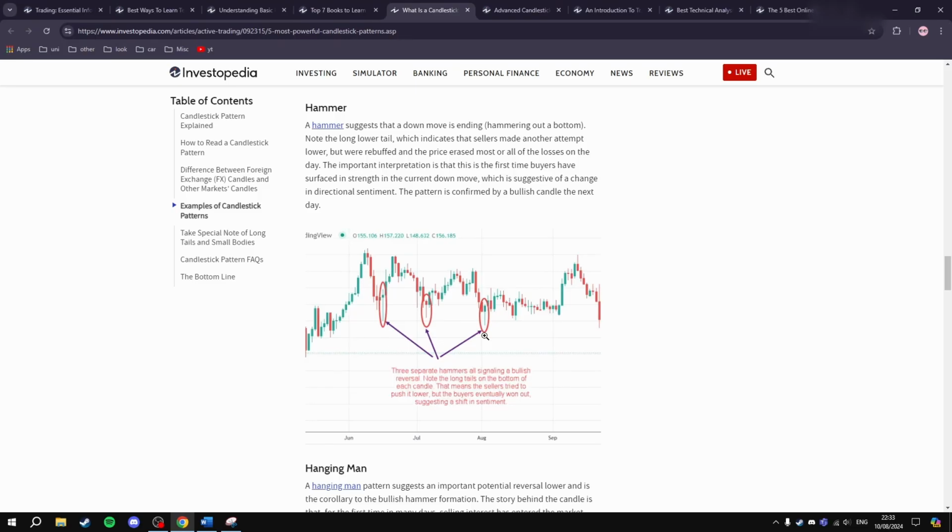The pattern is confirmed by a bullish candle the next day.